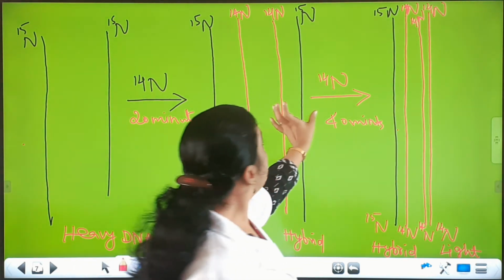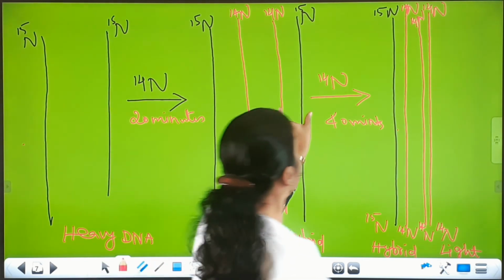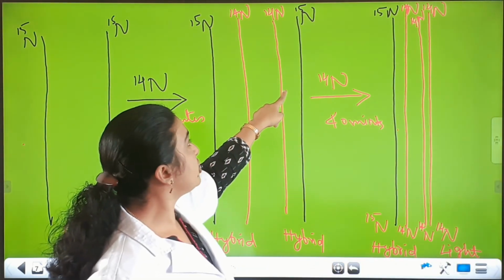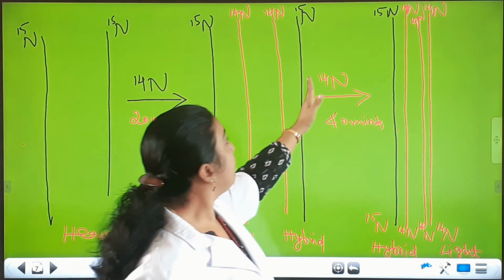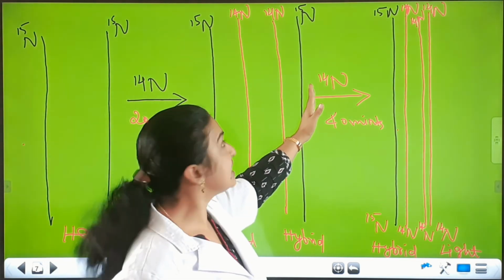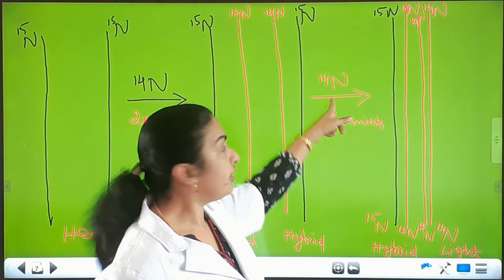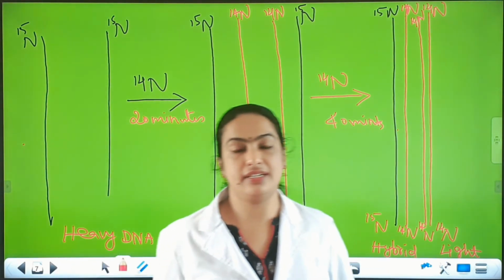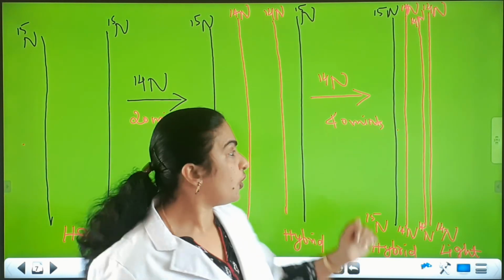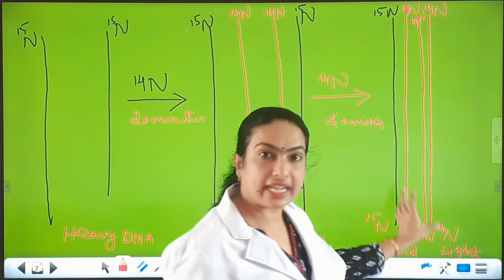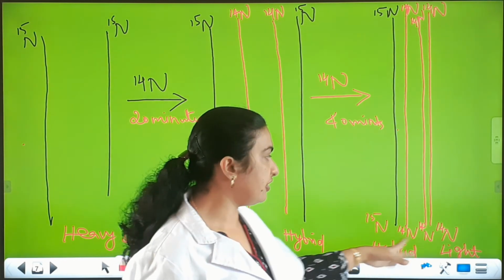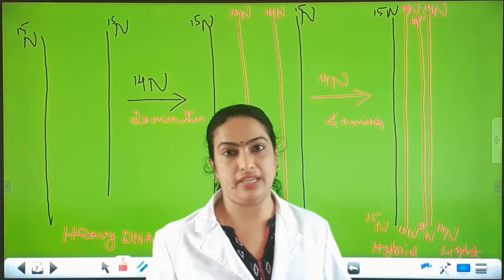Again, this we can consider. The same will happen here. This one forms a new strand which is having N14, and this one will form a new strand having N14. So this is a hybrid variety and this is a light DNA. Is it clear? So in the second generation, they got equal amounts of hybrid DNA and light DNA.